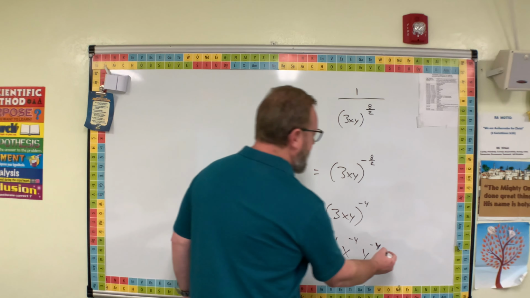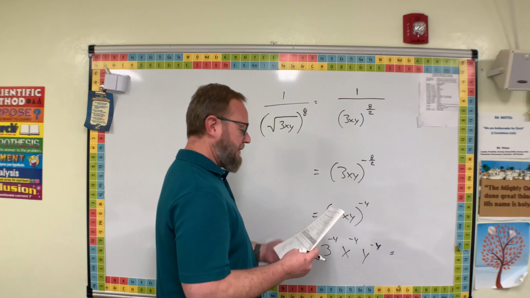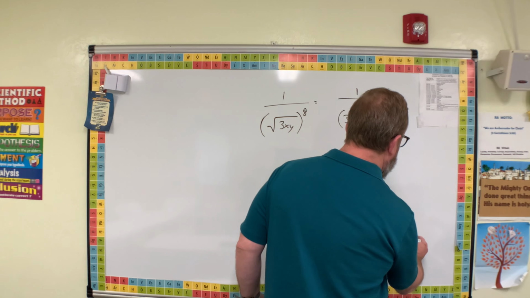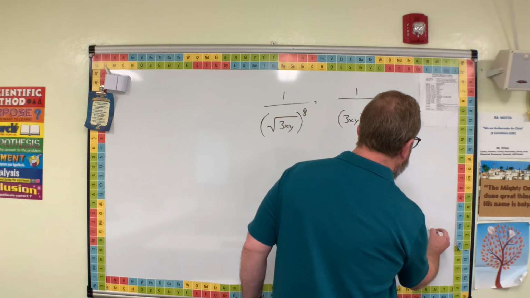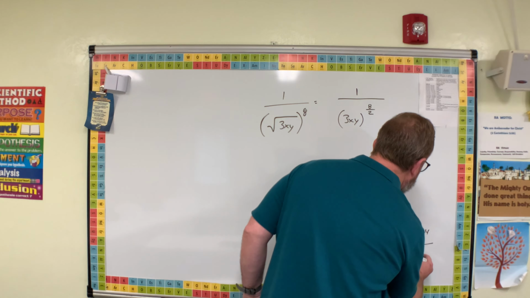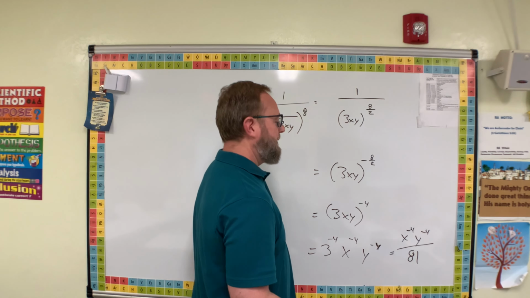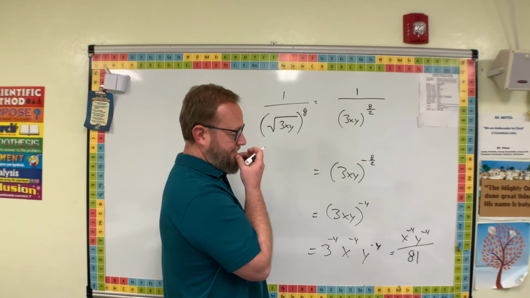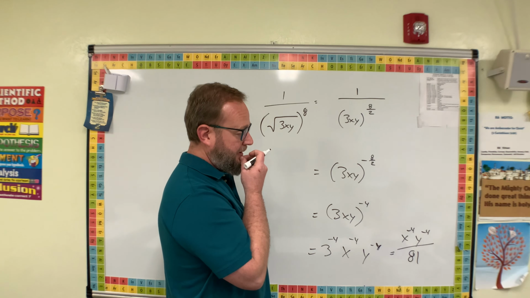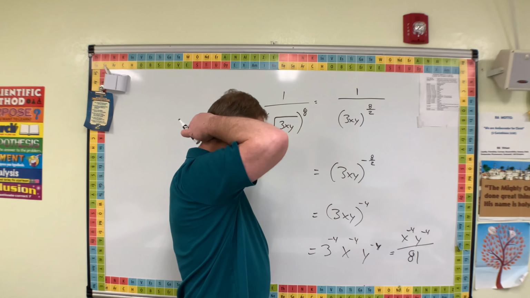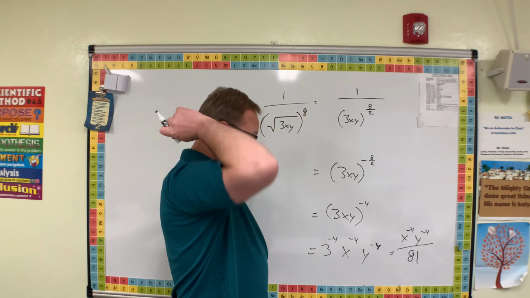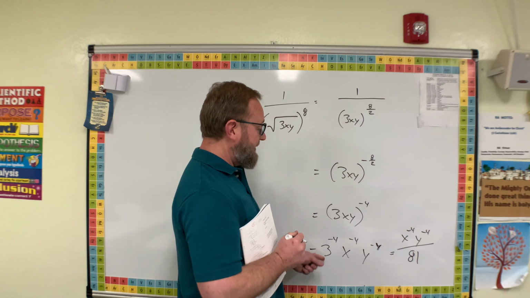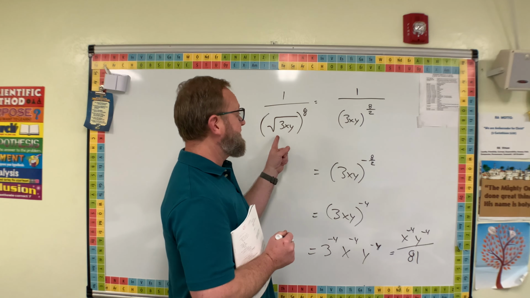So, for my answer, I could write this how? I could leave this x to the negative 4, y to the negative 4, all over 81. Or could you do it like 1 over 81 x to the 4th, y to the 4th? Well, if we did that, essentially there would be no point in doing all the middle stuff, because we could have just written that from here.